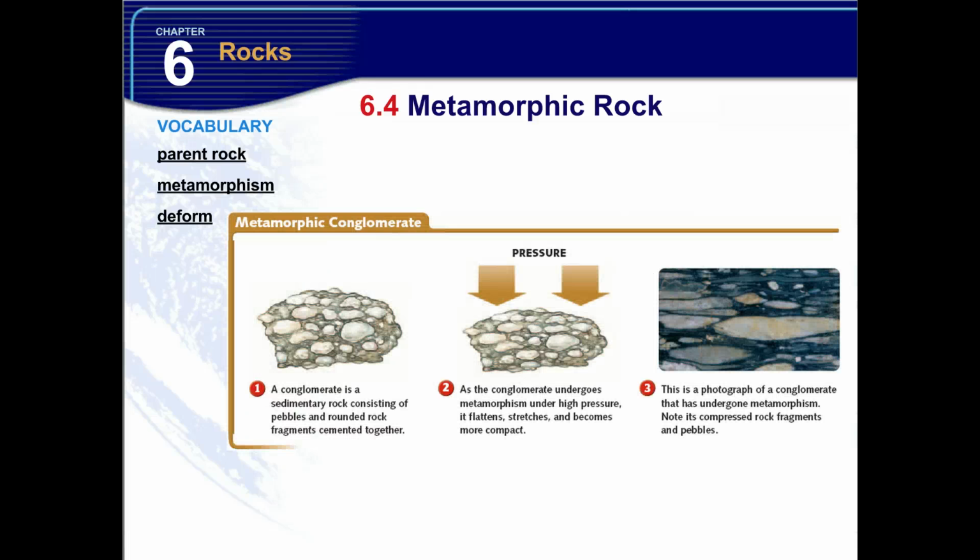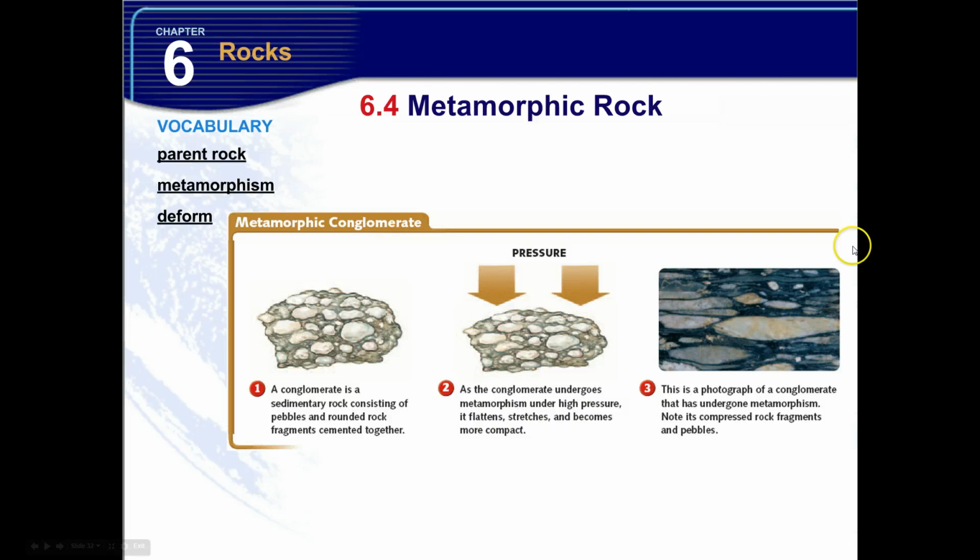Now here's an example of a conglomerate, a sedimentary rock, that goes through metamorphism. And so we have clastic sediment. A conglomerate is a sedimentary rock consisting of larger sediments. And let's say it undergoes huge amounts of pressure. It flattens and stretches those sediments, and it becomes more compact.